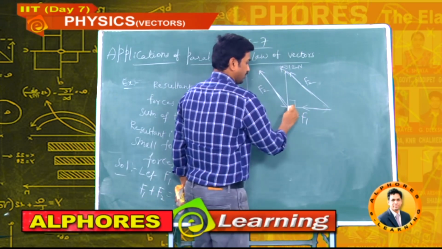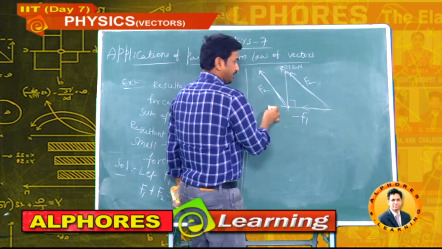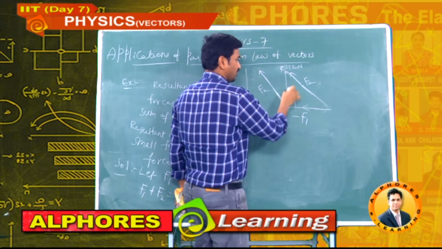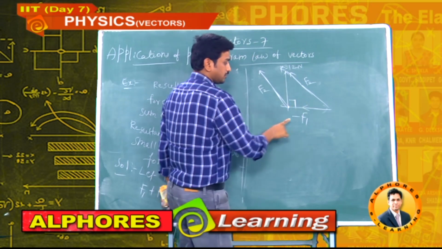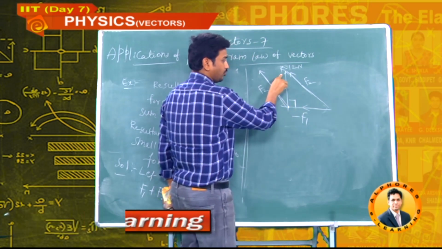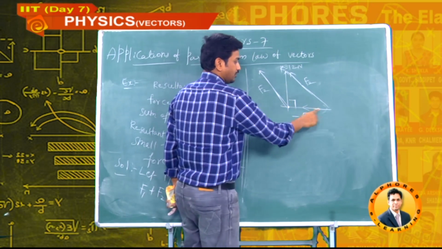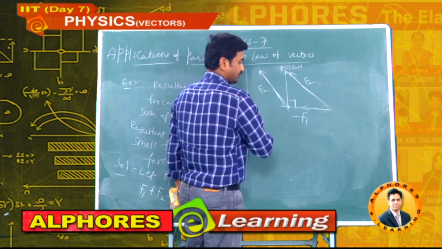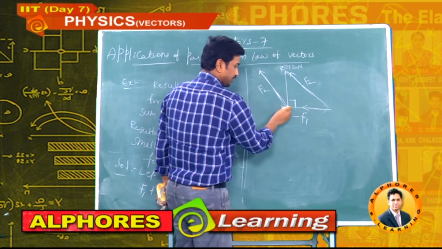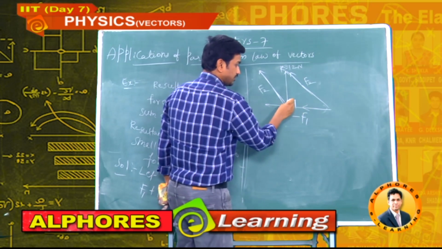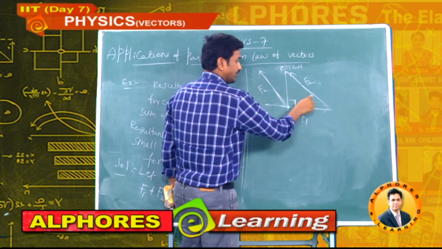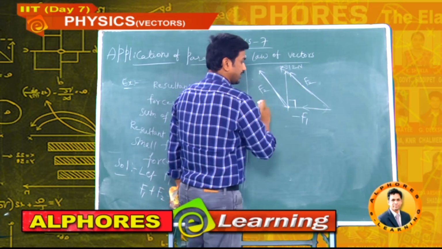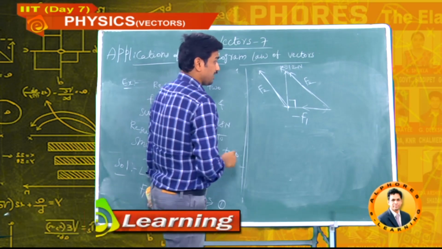See now, F1, minus F1 and 12 newtons, both are perpendicular. Now see, the resultant of these two is F2. Now minus F1 like this, two tails, the angle between these two is 90. Now what is the resultant? F2.